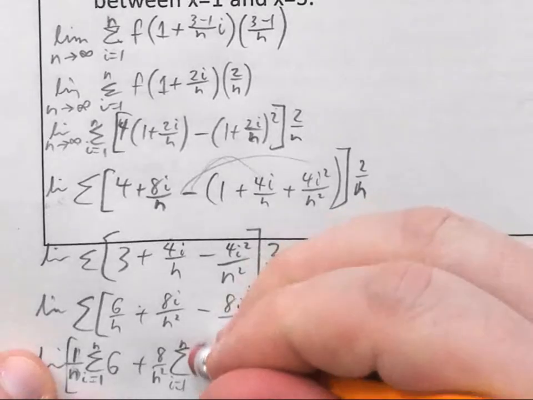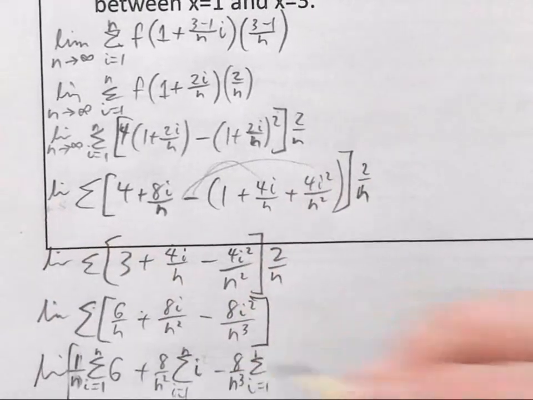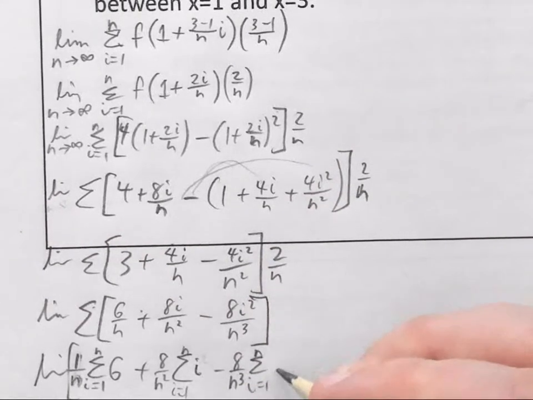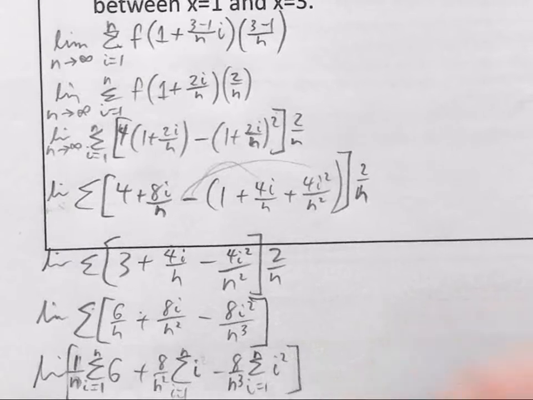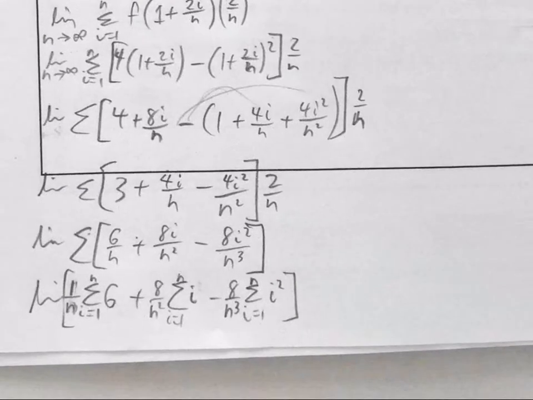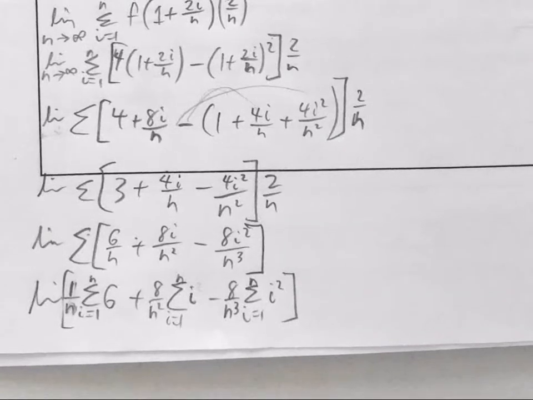Sorry, thank you. Don't do that kind of mistake. What was I saying here? To n. And that's i squared. Does that make sense?